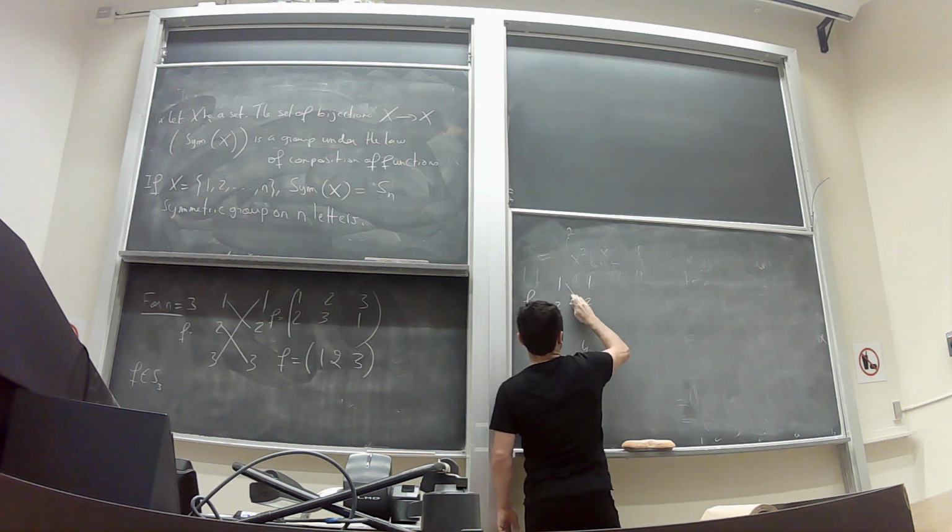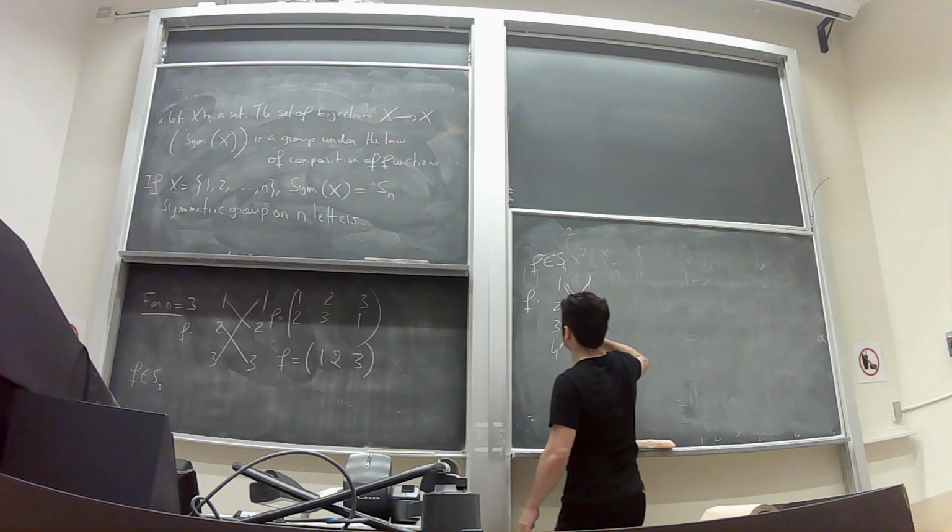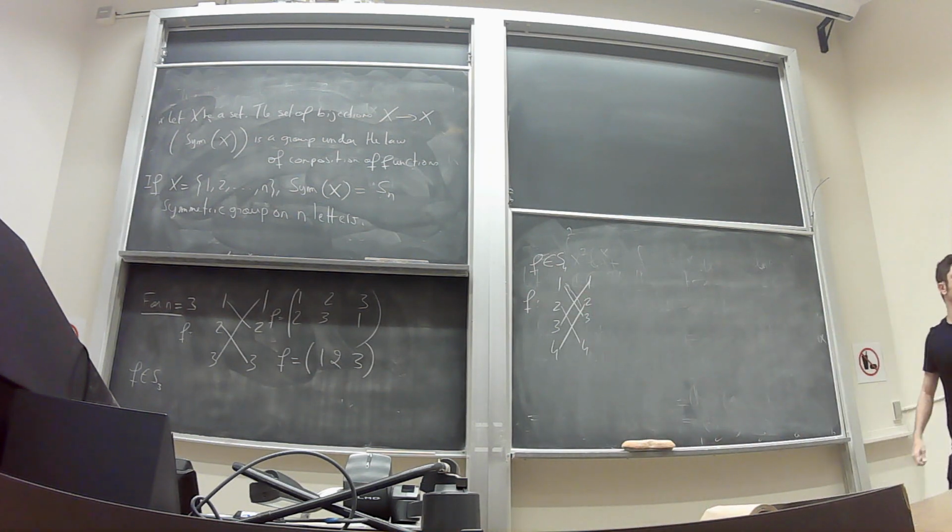I'll switch 1 and 3, and switch 2 and 4. Okay, F is in S4, right? It's a bijection from {1, 2, 3, 4} to {1, 2, 3, 4}. Okay? How do I write this?